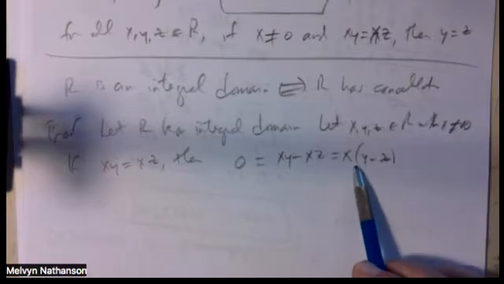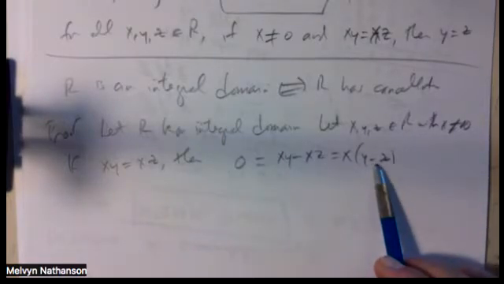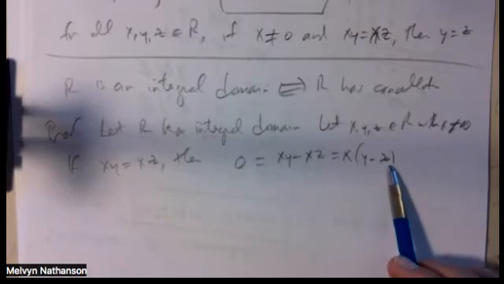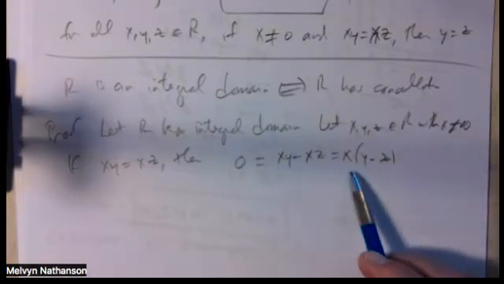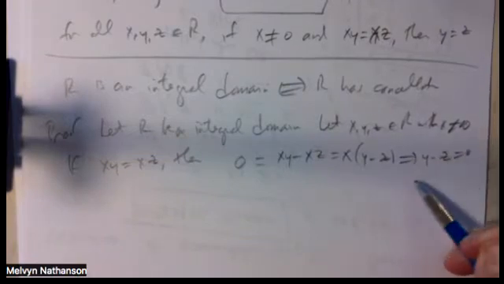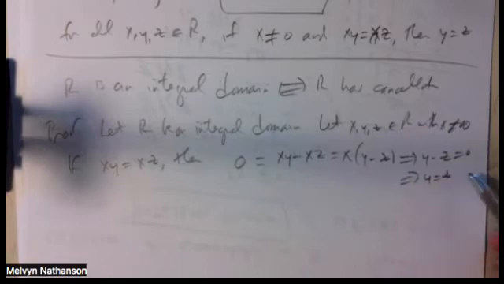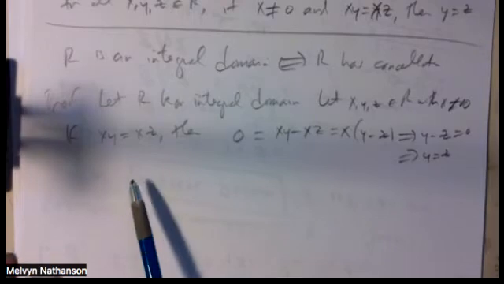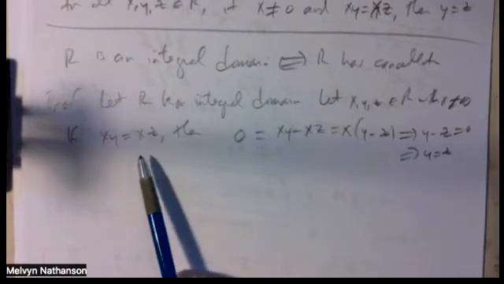This is x times (y minus z). But in an integral domain, the product of two non-zero elements is non-zero. Here, we know x is non-zero, and x times (y minus z) is 0. So the only way x times something can be 0 means y minus z must equal 0, or y equals z. In other words, you can cancel the x. So every integral domain has cancellation.